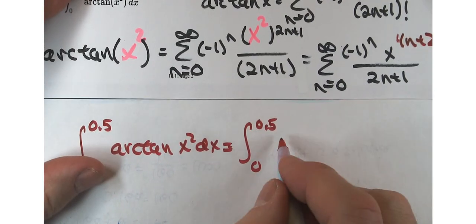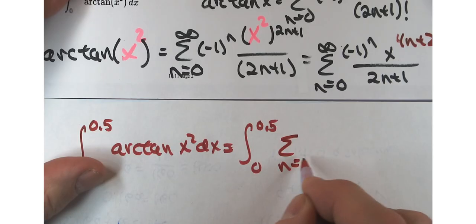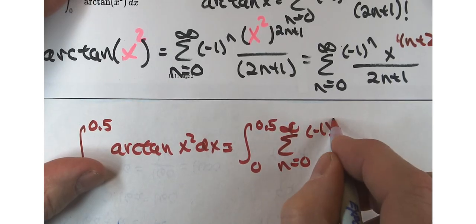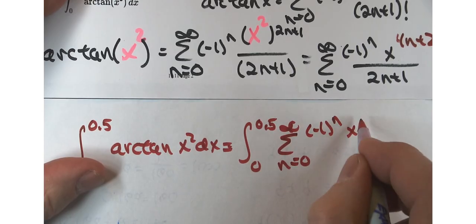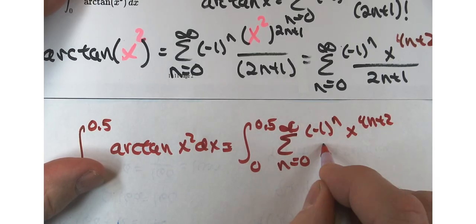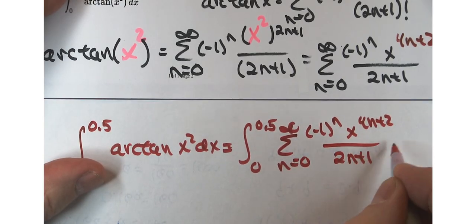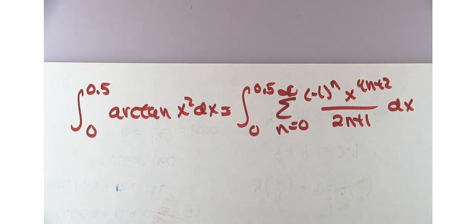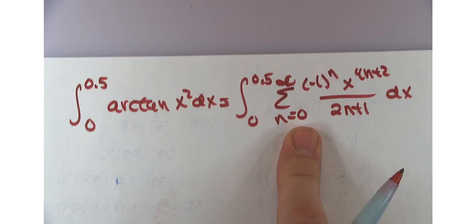So it's going to be the sum from n equals 0 to infinity of -1 to the n x to the 4n plus 2 over 2n plus 1 dx. So all I'm doing is substituting in for our infinite series there. And now I think you've seen this trick before here, right? What's coming next?